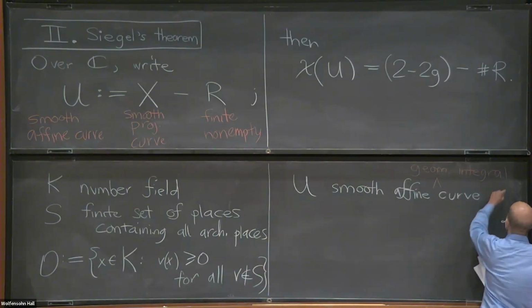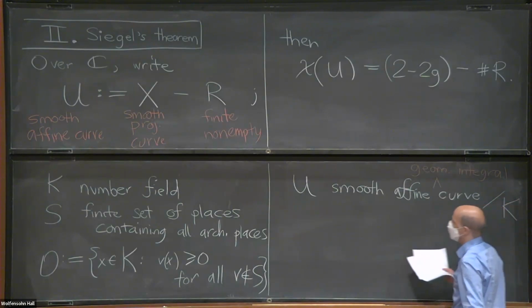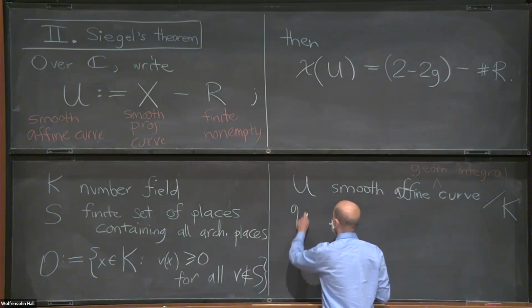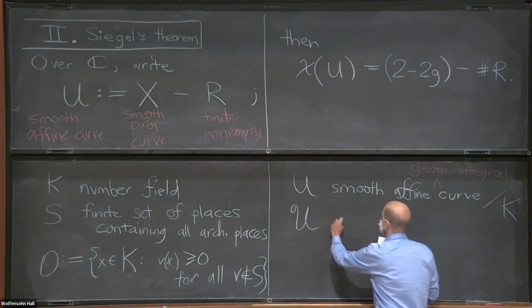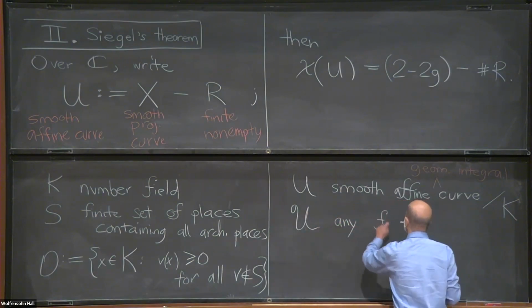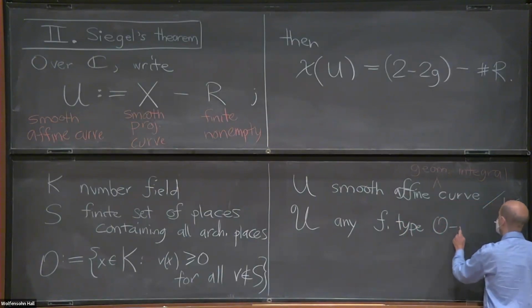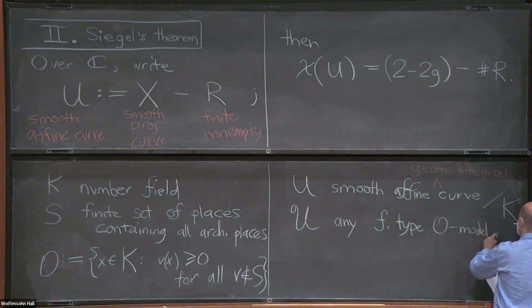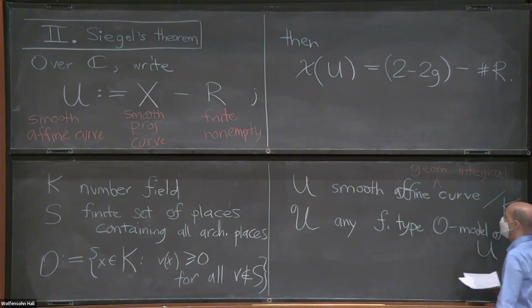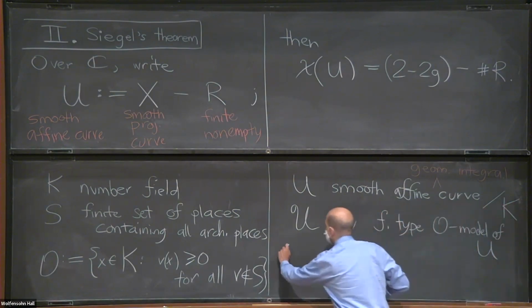But in order to talk about integral points, I also want to have a model. So that's this fancy U, any finite type O-model of the curve U.